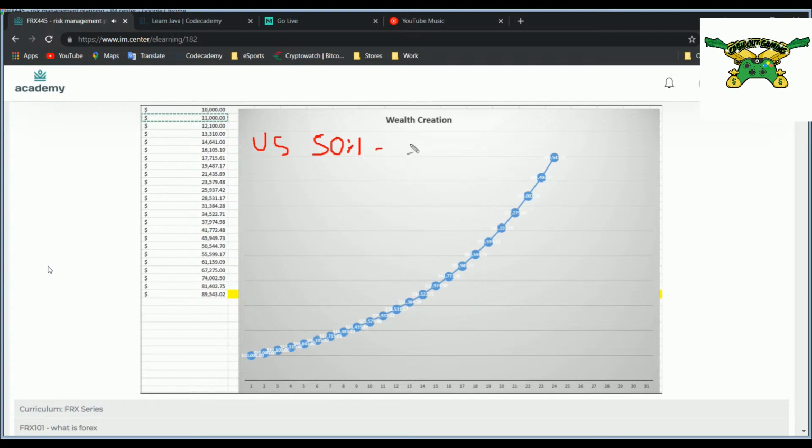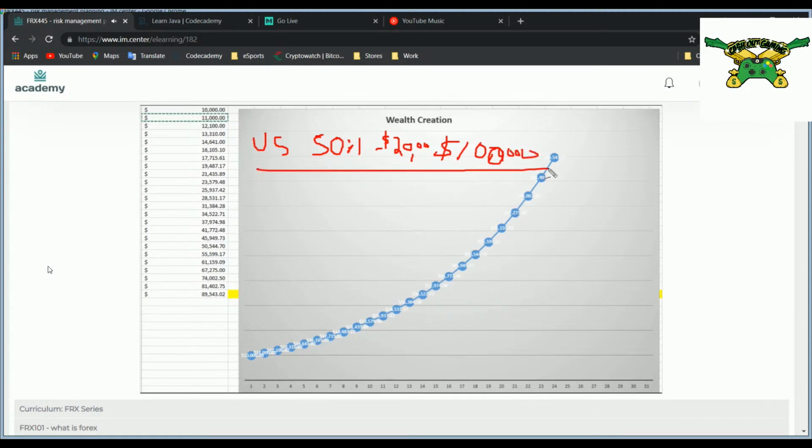And that means basically for your $2,000, you could leverage 100,000.